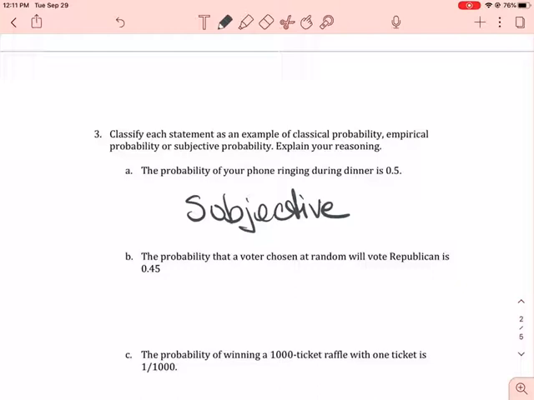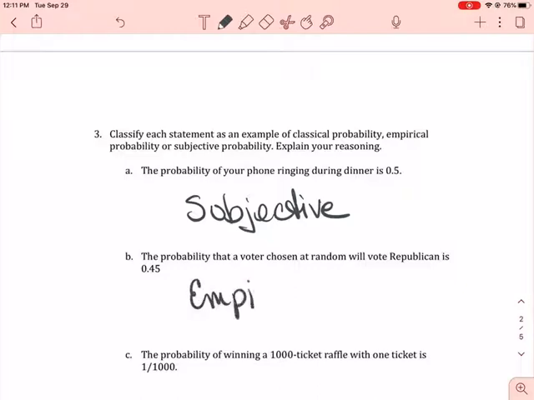Okay. The probability that a voter chosen at random will vote Republican is 0.45. Could we do an experiment? Could we write a sample space, or is it just our opinion? Well, you can do an experiment here. You can poll or question a sample of voters and determine the number of Republicans.